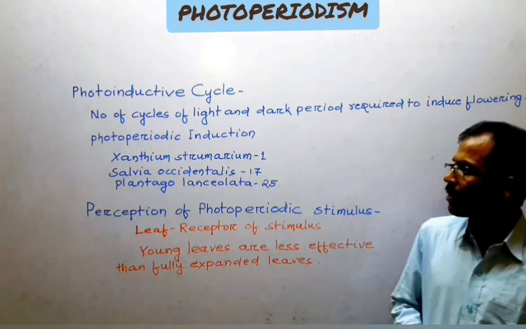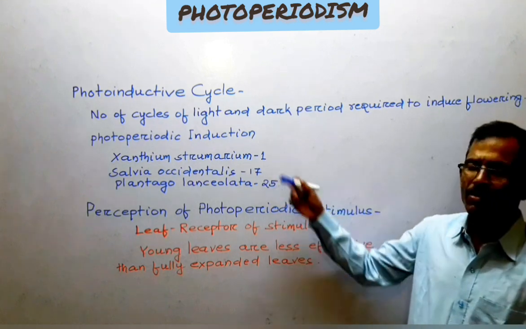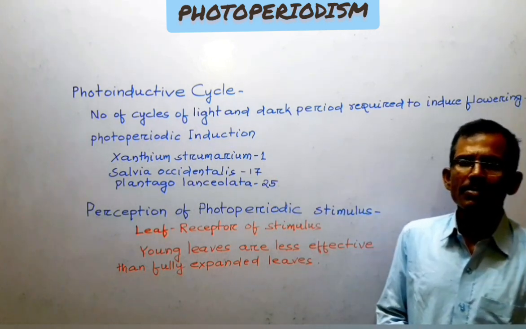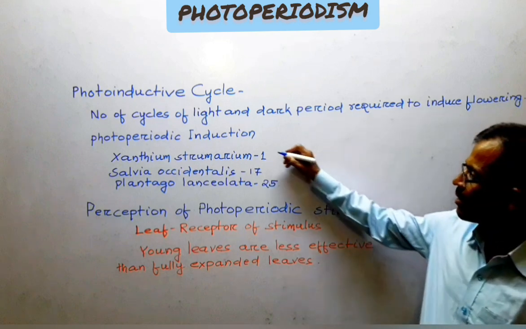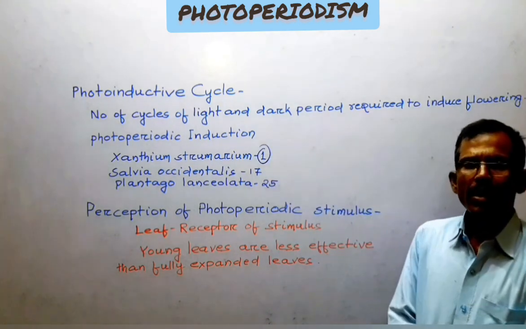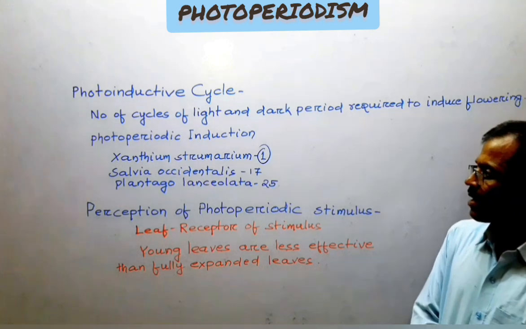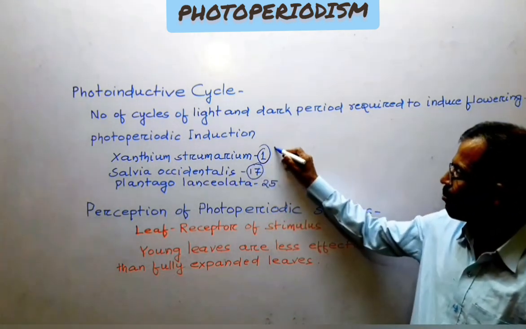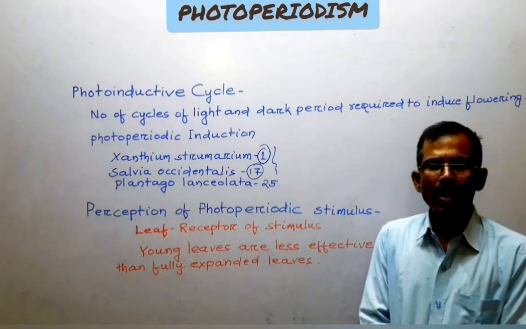For example, in Xanthium strumarium, the minimum number of photoinductive cycles for flowering is 1, whereas for another plant such as Salvia occidentalis, it is 17. Both are short day plants.